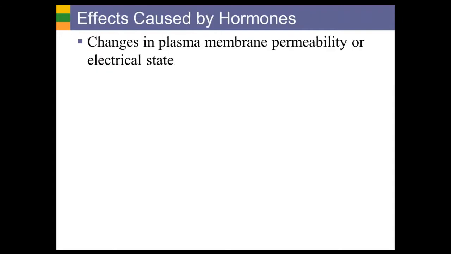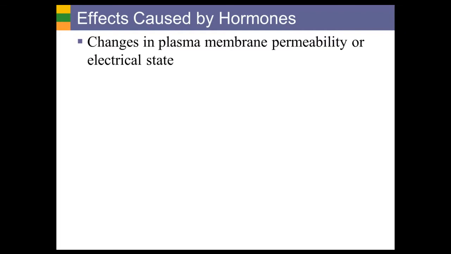So what can be some of the changes that occur when a hormone binds to a receptor? Well, and this is not an exclusive list by any means, but binding receptors by a hormone can change the plasma permeability of that cell. It can open channels. It can close channels. If it opened sodium channels, it could change the electrical state of that cell.